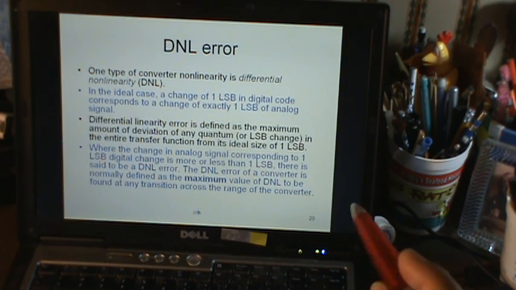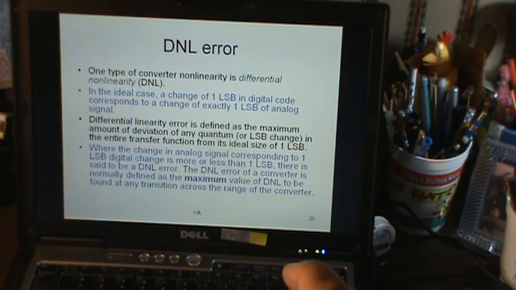You're looking for the worst deviation step by step. So now we're not thinking about the whole curve, but rather taking individual steps, checking each step across the entire range. I don't necessarily care which step, but I care what the maximum deviation is from one standard step as we move from one point to another.